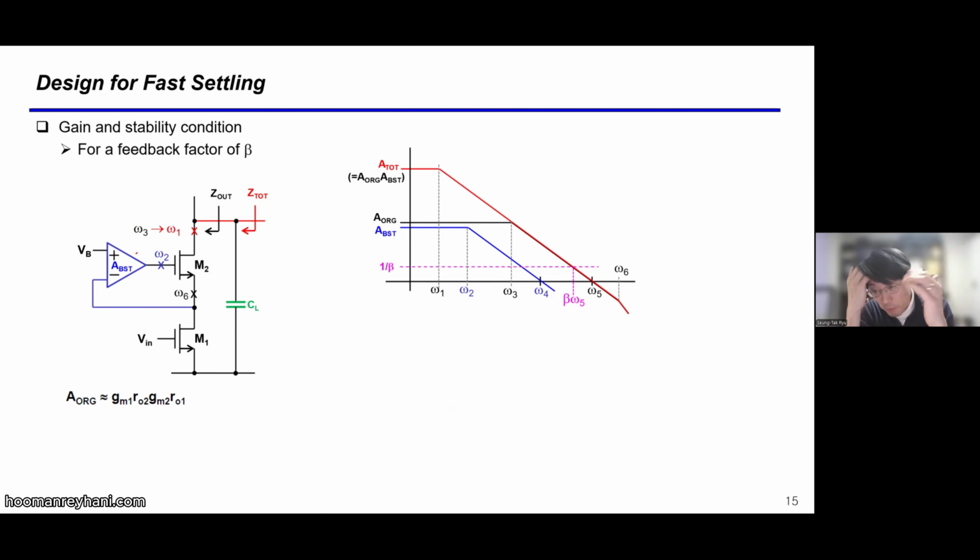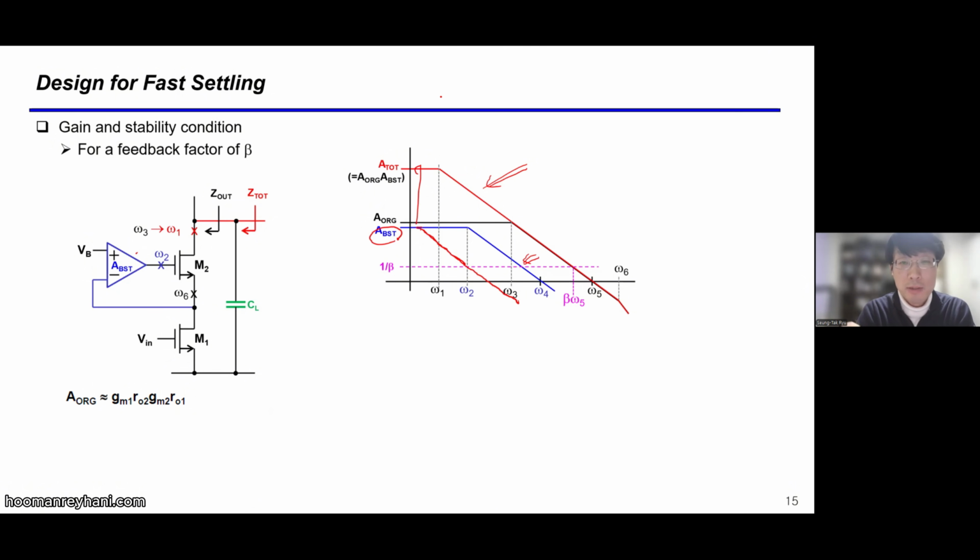Before we apply feedback, what we're going to think about is first stability, and another is this gain characteristic. If we think A boost is not like this, but like this, with lower bandwidth, then what's going to be the frequency response?